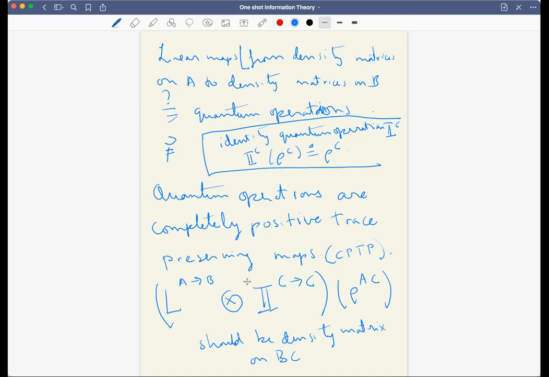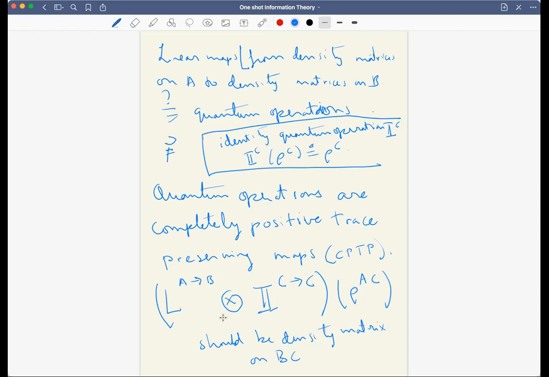So you need positive, trace preserving, and linearity. Remember, this is general physics. I'm not assuming just quantum mechanics. I'm talking of what any reasonable physical law should be. So any future theory that goes beyond quantum mechanics, hopefully, will still give rise to these kinds of operations. That's the idea.